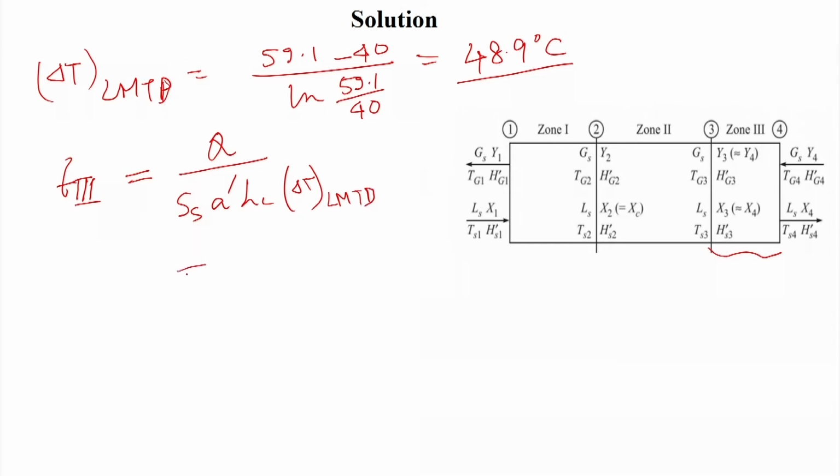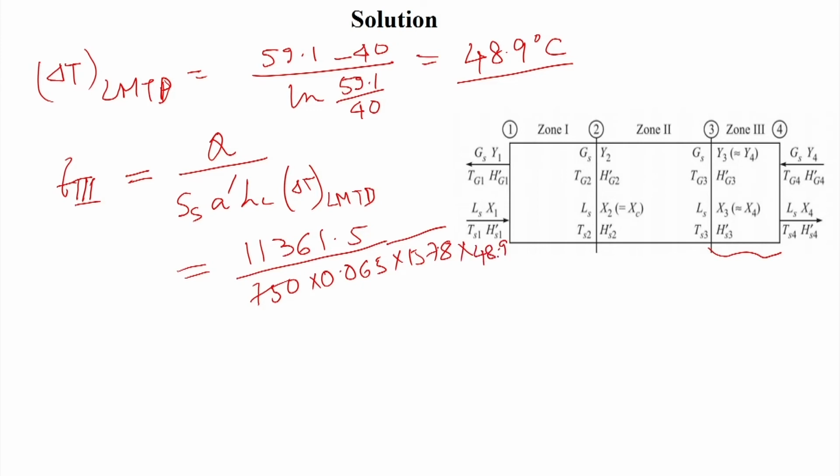So, Q is equal to 11,361.5 divided by 750 into A is 0.065 into Hc is given as 157.8 and LMTD is 48.9. So, that is coming out in hours, that is we got this time as 0.03 hour. So, this T3 is 0.03 hour.